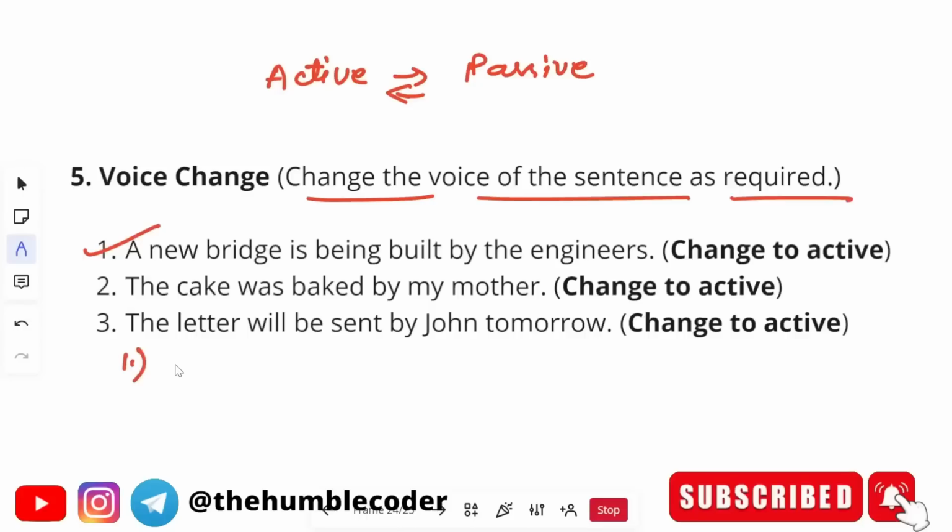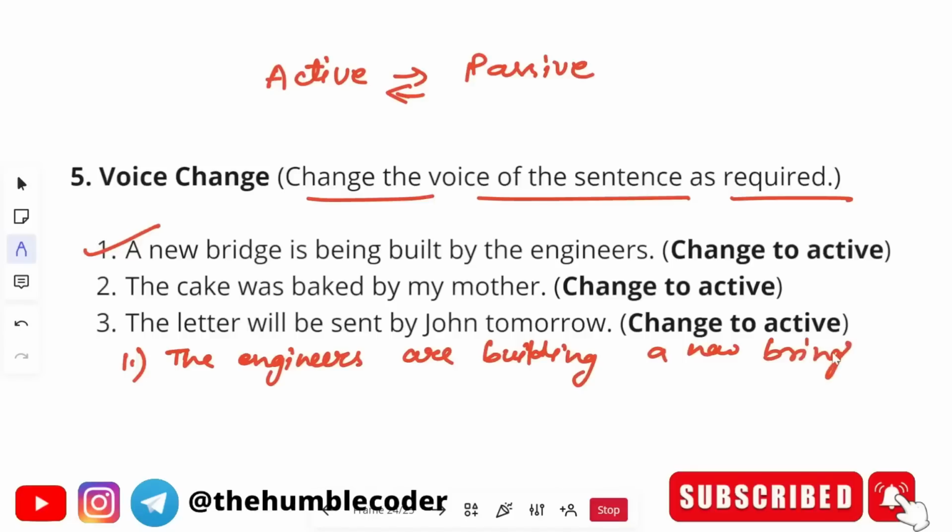So the active voice version of this sentence will be the engineers are building a new bridge. Okay. So this will be the active voice of the particular sentence. Let's see the second sentence that we have. The cake was baked by my mother, and we have to change it to active voice.